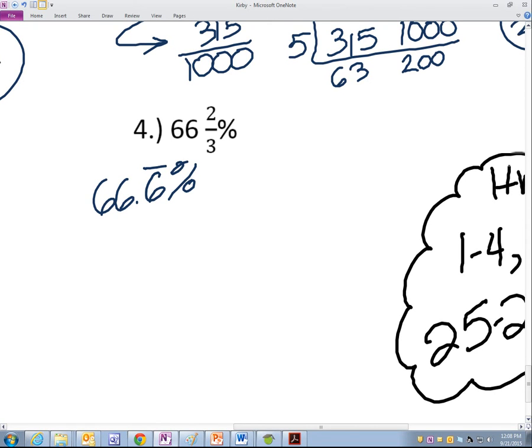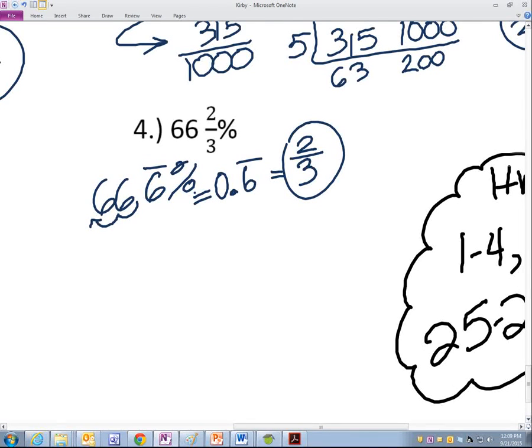That's a percent, so I need to move the decimal over to the left. Good. 0.6 repeated. And Jessica, what is 0.6 repeated from class today? Close. 2/3.